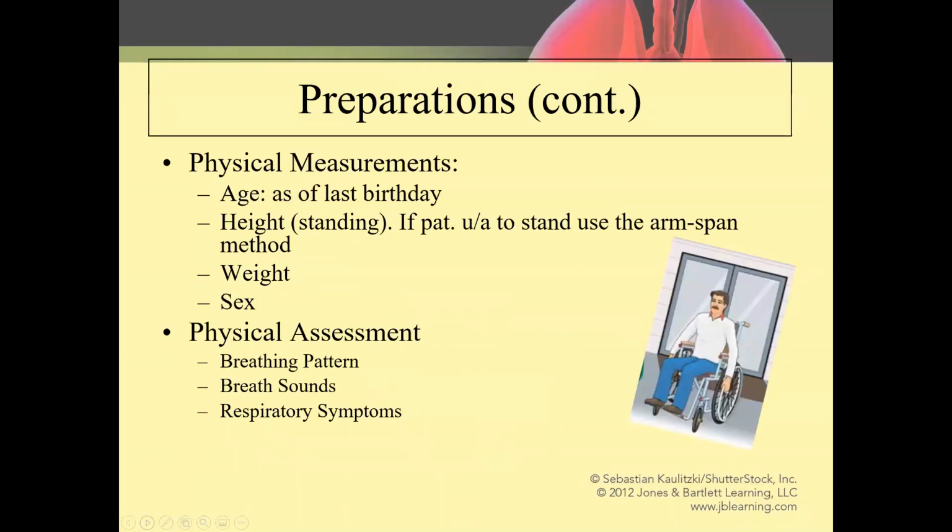Preparation, physical measurements, so the things that we're taking: the age as of the last birthday, height, which is used to determine things like body habitus and predict an ideal body weight, sex or gender, physical assessment, breathing patterns. Some of the things that you would assess with almost all of our patients, whether you work in an acute care environment, pulmonary rehab, PFTs, or home care.